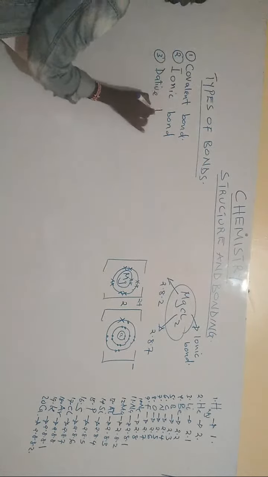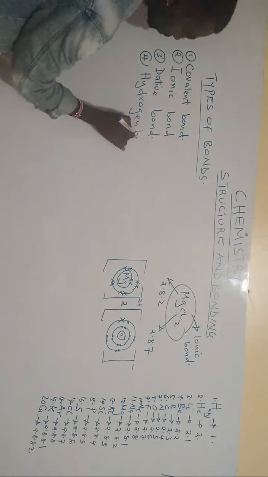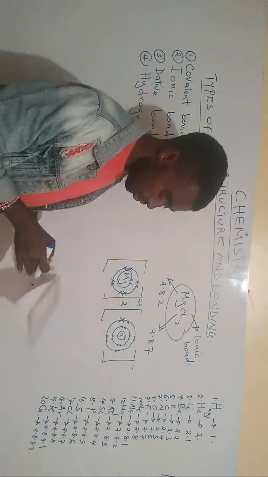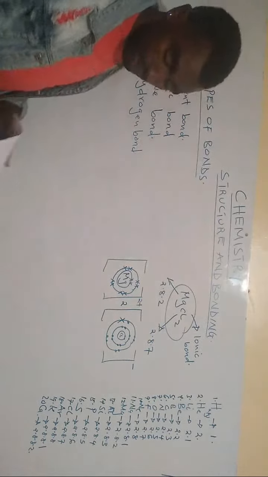Number 4, we have the hydrogen bond. The dative bond is what we call the coordinate bond. So those are the types of bonds we have, and I'm going to take you through them very quickly, and I know you're going to learn something.